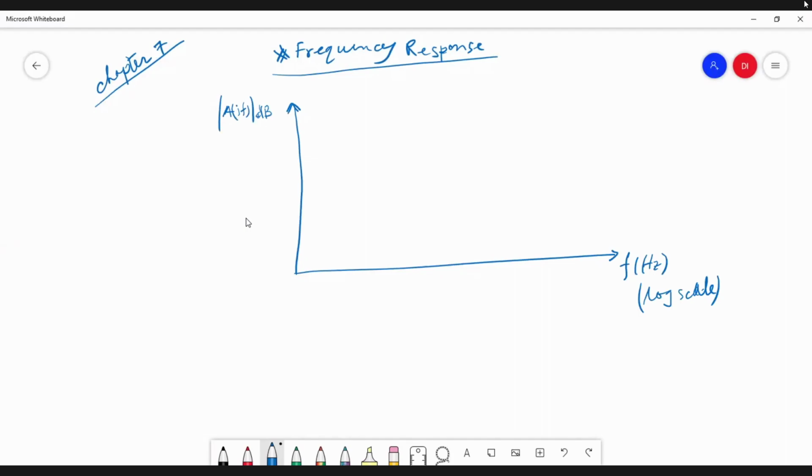This is called gain, and this is frequency. So the gain is on the y-axis and frequency is on the x-axis, and the response looks somehow like this.